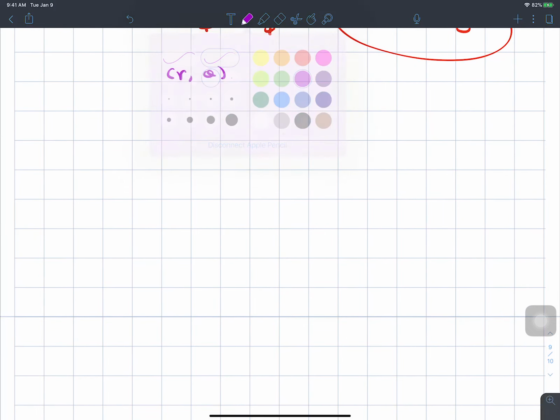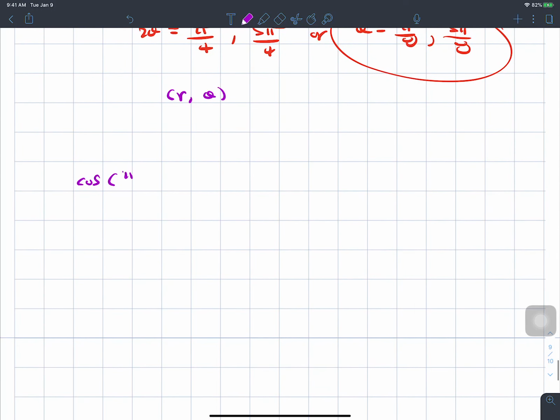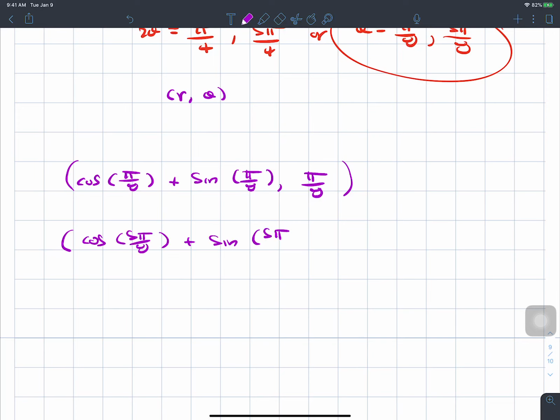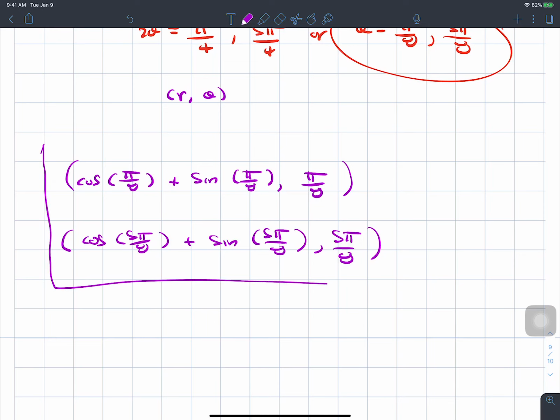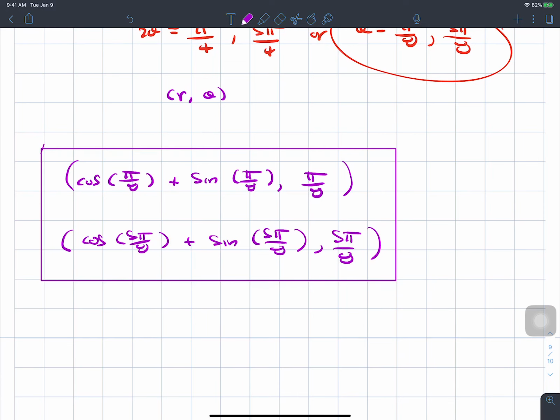Here's our purple color. r is cosine π/8 plus sine π/8, and the angle is π/8. Here's the other location: cosine 5π/8 plus sine 5π/8, and the angle is 5π/8, because we're leaving this answer the way they talk about points, in terms of polar. And there you guys go. Here's some calculus.